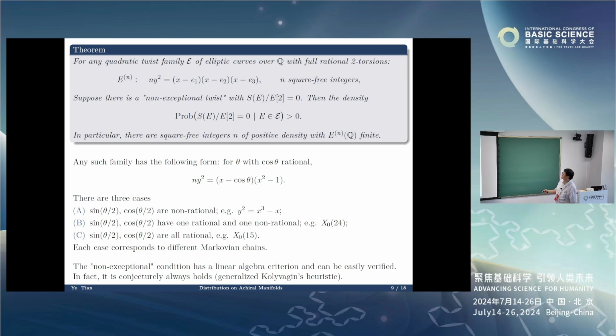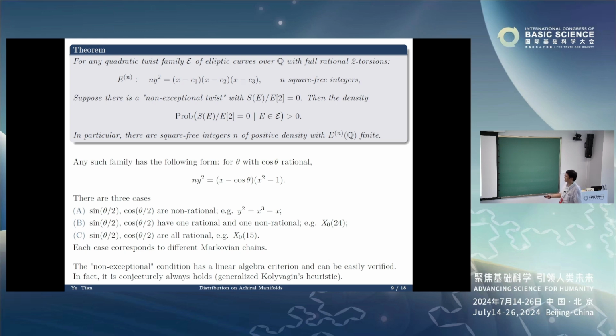This is like a first descent, and you get a rank 0 case. Any such family can be reformulated as the so-called theta-congruent number family. For any theta with cosine theta rational, you look at the family n y squared equals x times (x minus cosine theta)(x squared minus 1). When cosine theta runs over all rationals, this family is the same as the families here.